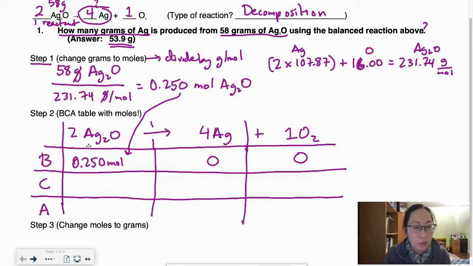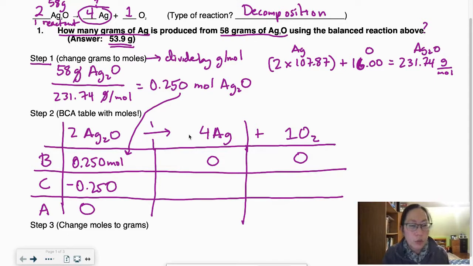We know that this has to be the limiting reactant. It just has to disappear because we're going to react it all away. So let's get rid of it, okay, and get 0 here. All right, so now it says, how many grams of Ag do I produce? You see how I'm constantly going back to the question to make sure that I'm answering the question that I am supposed to.